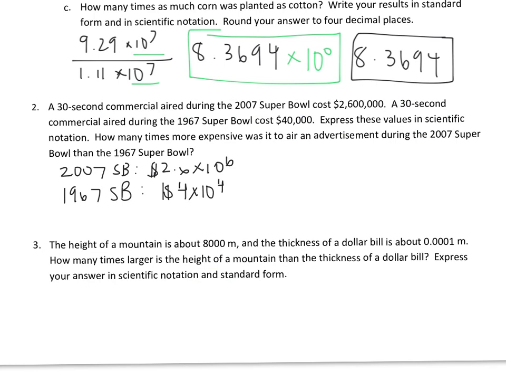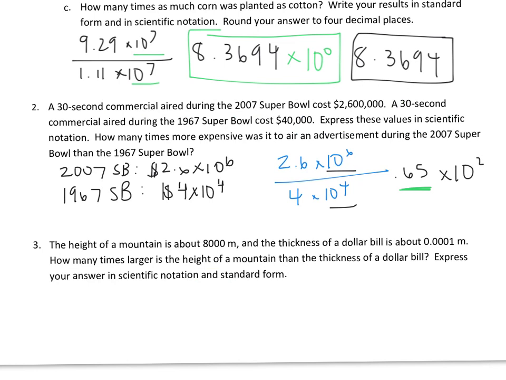So now, how many times more expensive was it to air an advertisement during the 2007 than the 1967 Super Bowl? I now want to take 2.6 times 10 to the 6th and divide that by 4 times 10 to the 4th. And 2.6 divided by 4 is 0.65. And then 10 to the 6th over 10 to the 4th is times 10 squared. Again, I subtract. But what rule am I breaking?